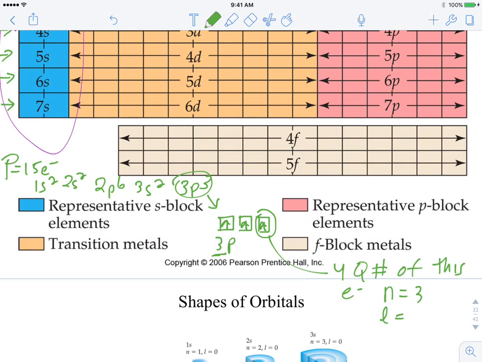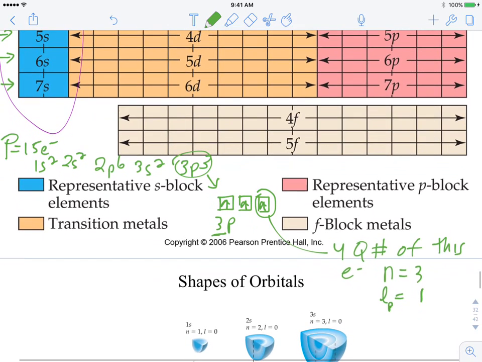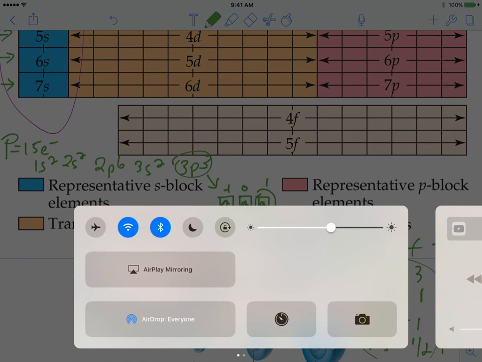I know the l is p, which is 1 always. I know the ml could be -1, 0, or 1, and my electron's in 1. And I know that the ms is 1/2 because it's in the up spin like this. Here are my 4 quantum numbers.